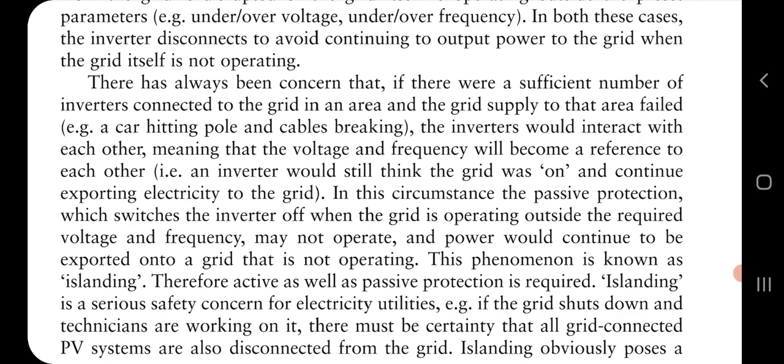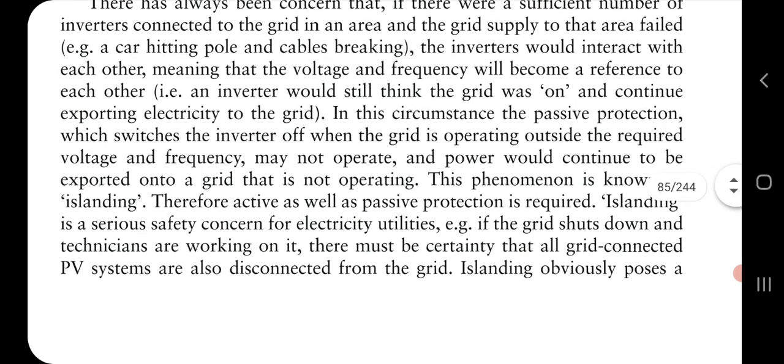When the grid is not working, or is in a blackout, or any fault occurs, the PV solar panel used to supply power to the grid. It can cause a lot of problems, and that phenomenon was known as islanding. It was a serious concern. If the grid is shut down and people are working, and the PV system is supplying, there are many chances that an accident might take place.